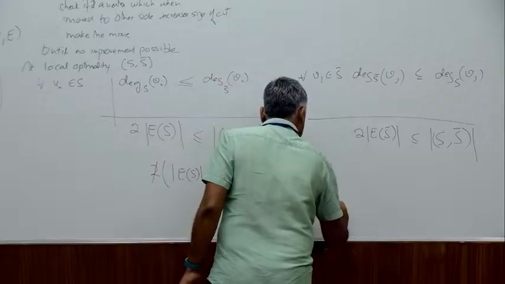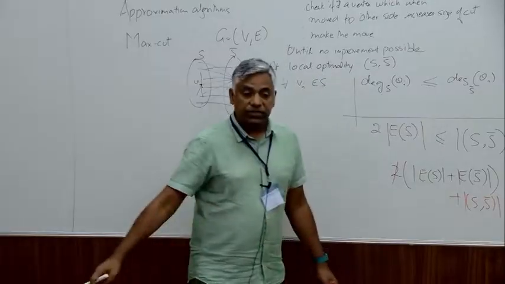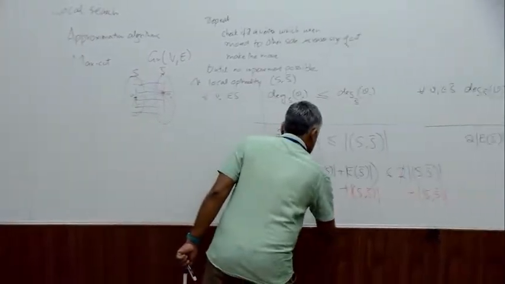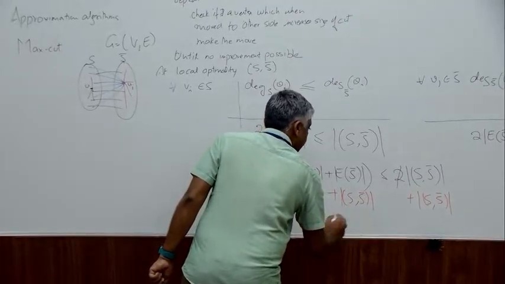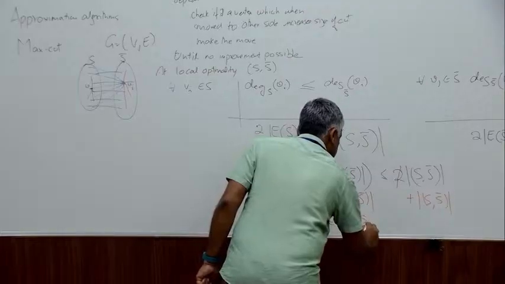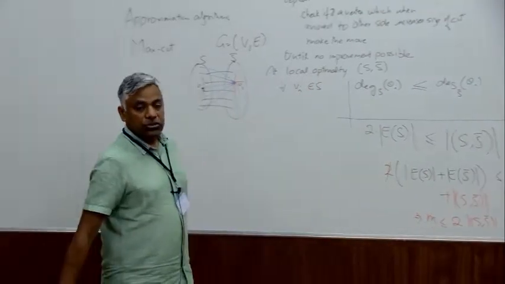Why did I do that? Because this thing now is all the edges of the graph. This is m. And this is 2 times the size of the cut S, S complement. So the size of the cut S, S complement is at least m by 2.